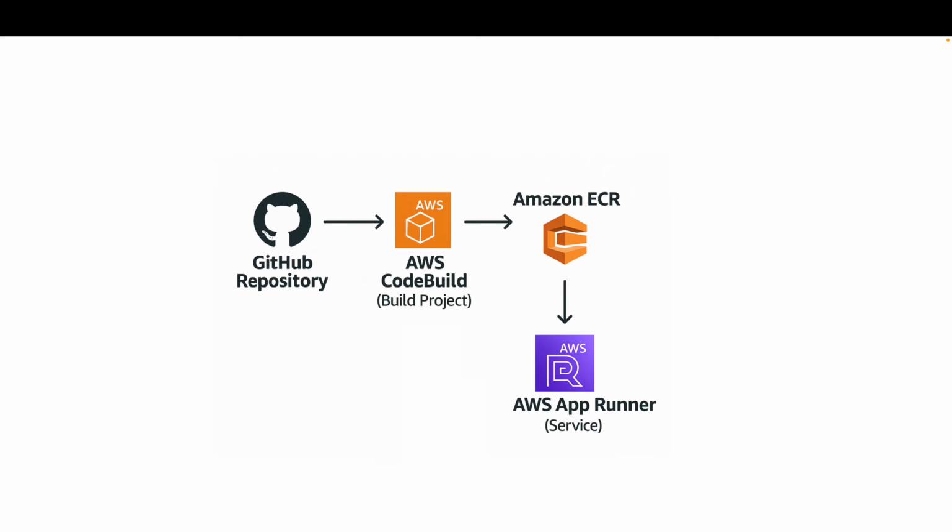Automatically it scales up and down from 0 to 1000 requests in a few seconds. It has built-in CI/CD, so it connects directly to GitHub and ECR for automatic deployment. We don't need quite complex configuration, so it needs minimum setup compared to EC2 and ECS.